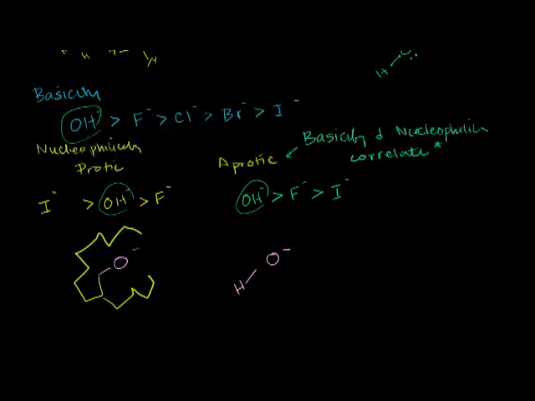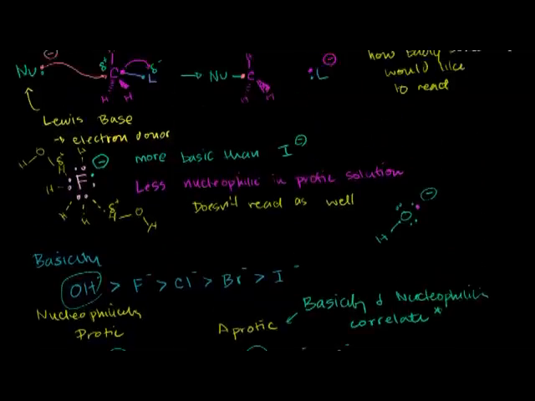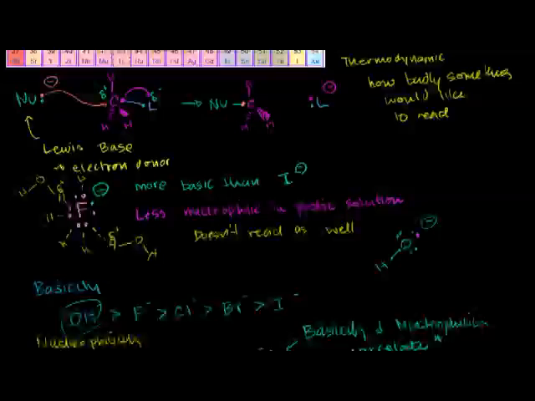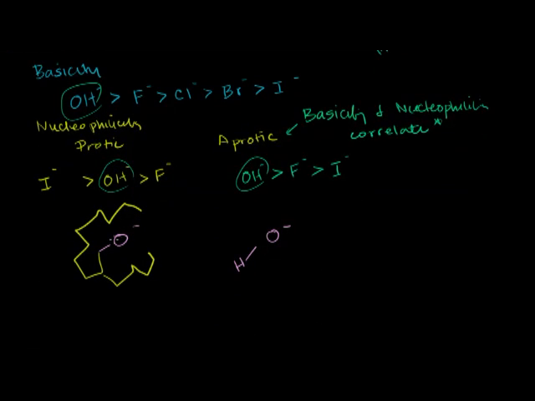Now, this one has this big molecule all around it. If you go back to this circumstance up here, it might make it very hard for it to get in there. We've talked about steric hindrance from the point of view of the carbon, but we haven't really talked about it from the point of view of the nucleophile. In this nucleophile, it might be hard for this extra electron to actually get to the target nucleus.